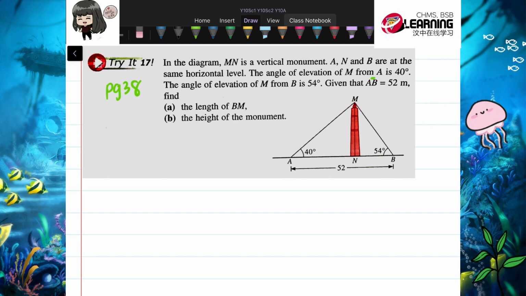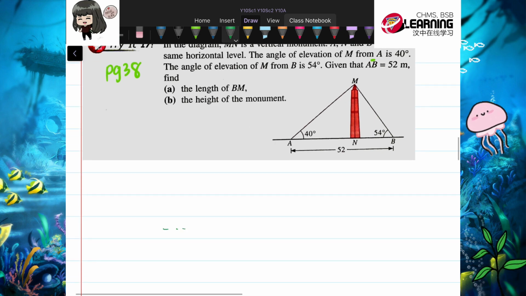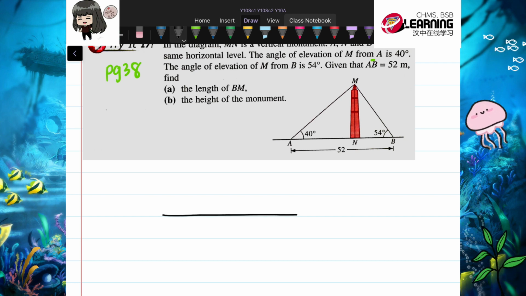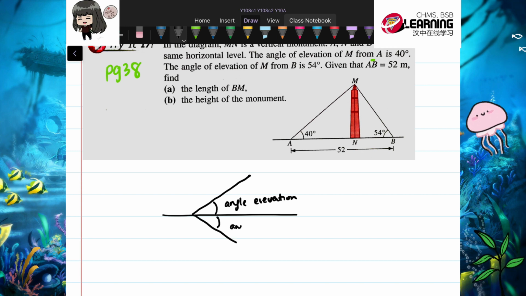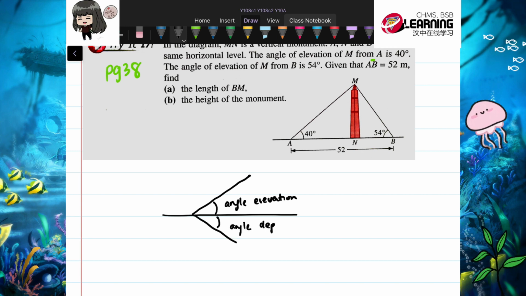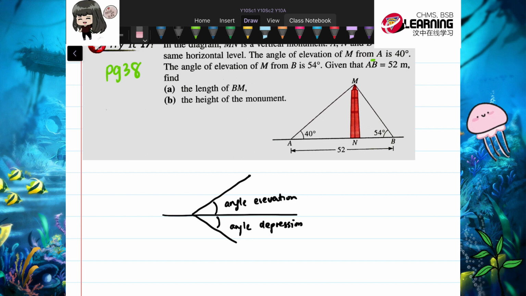Remember it's always starting from the horizontal line, and when you look up, all the way up like that, this forms an angle of elevation. If you look down, going down like that, it's an angle of depression. You must differentiate these two words.